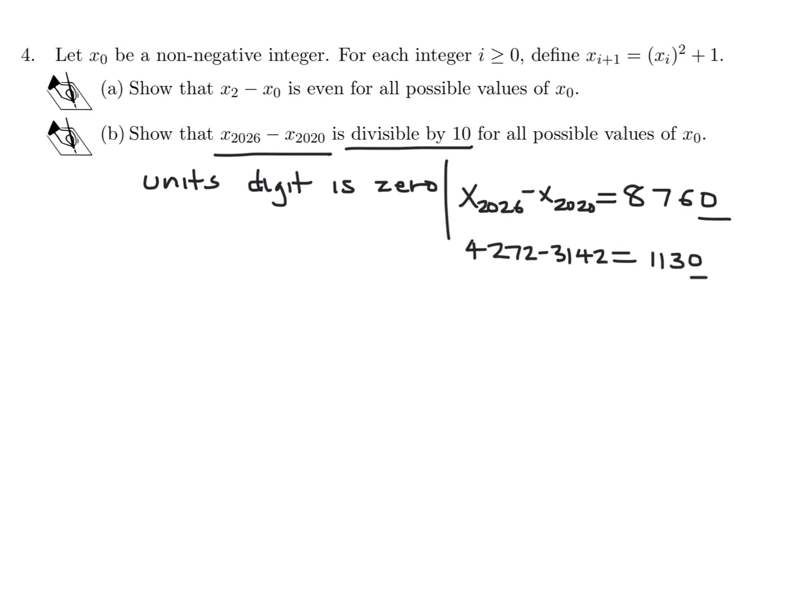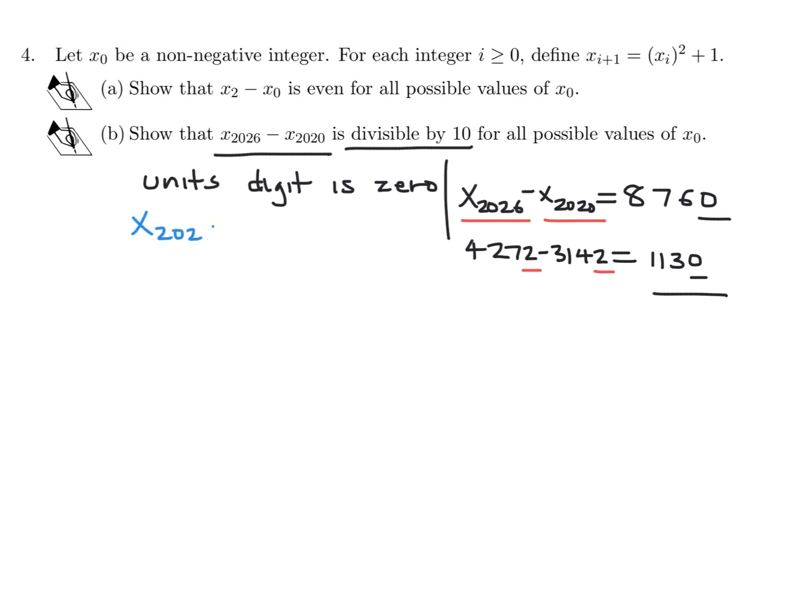So that gives a units digit of 0, which makes this number divisible by 10. But that was only possible if they had the same units digit. In this case, I have given them a units digit of 2. That's just illustrating. So you can write this out in words.